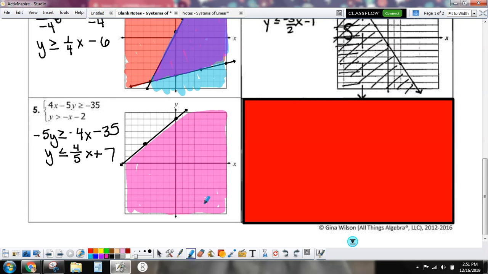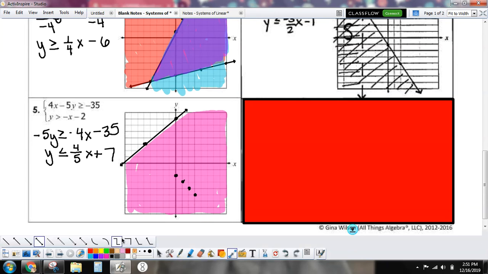And then for the second one, I'm going to go ahead and graph at -2. And then it goes down 1 to the right 1 because it's a -1 slope. It is not underlined here, so it's a dashed line. And then this one is everything greater than.